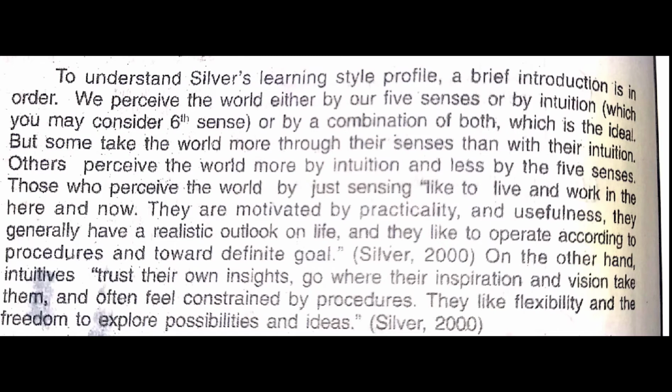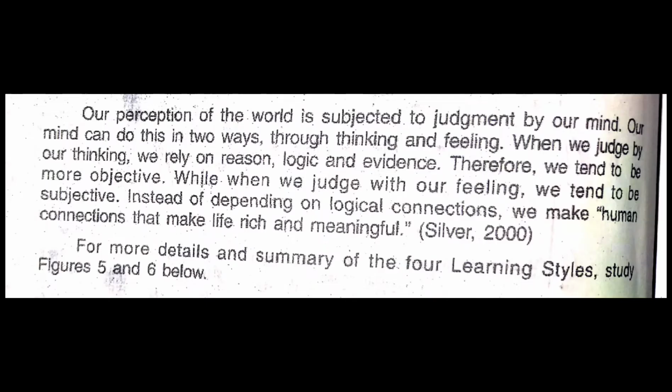Silver, 2000. On the other hand, intuitives trust their own insights, go where their inspiration and vision take them, and often feel constrained by procedures. They like flexibility and the freedom to explore possibilities and ideas.